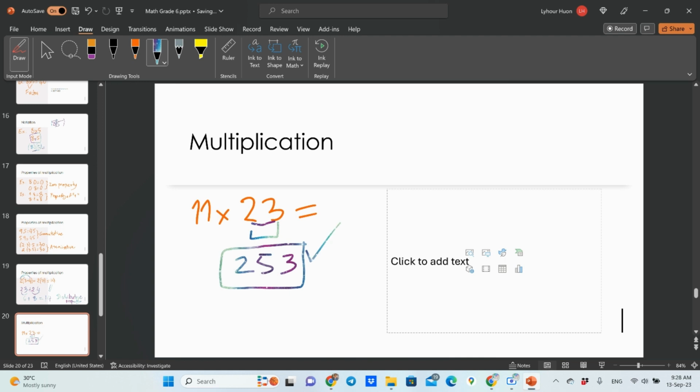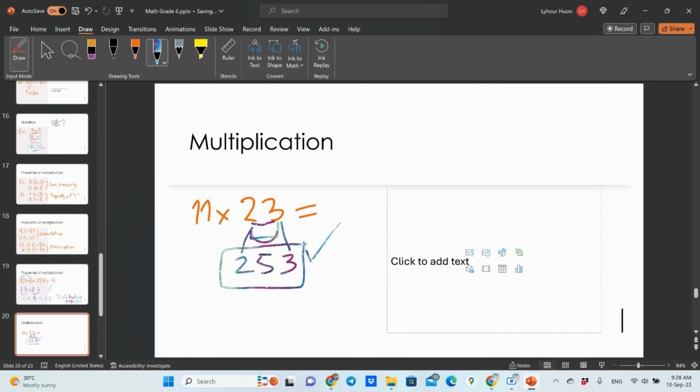It's fast, right? Does that work for every number multiplied by 11? Yes, every number.